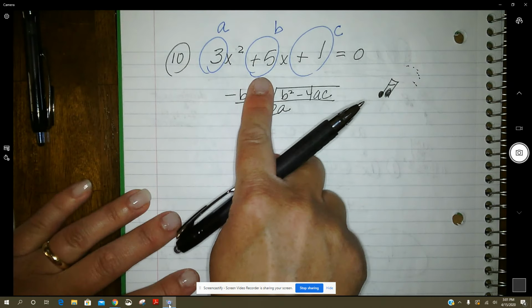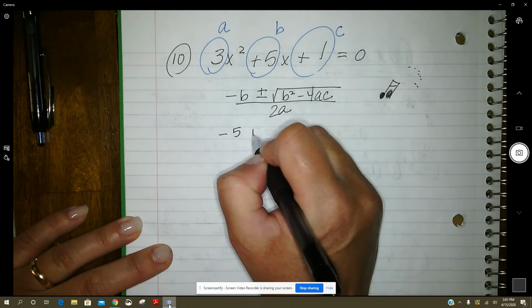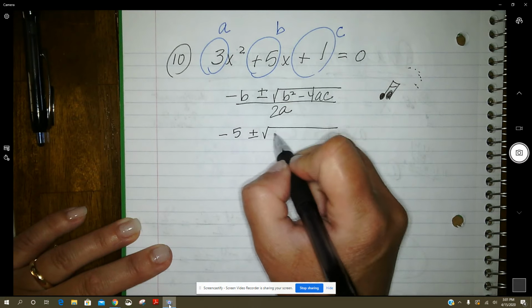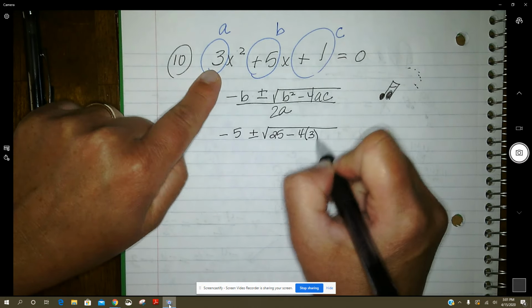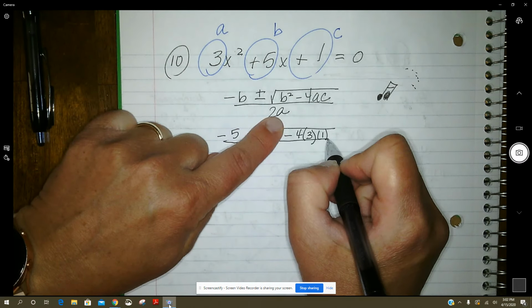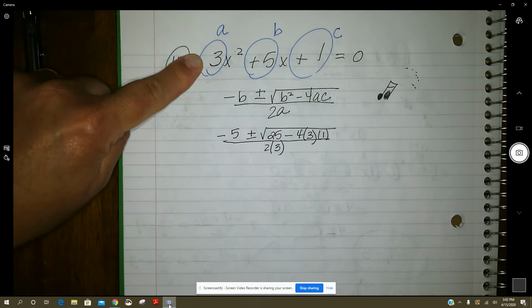Ready? Opposite of b. What's the opposite of +5? -5. Plus or minus square root of 5 squared is 25 minus 4 times 3 times 1, all divided by 2a, 2 times 3.